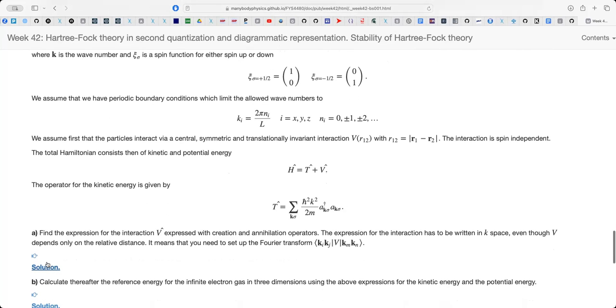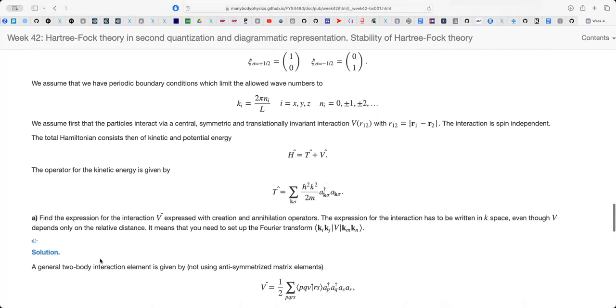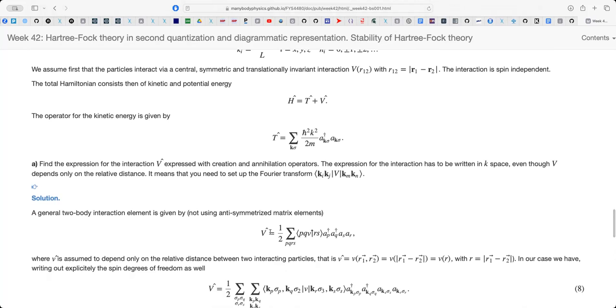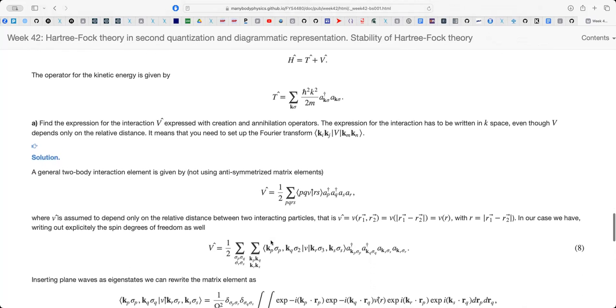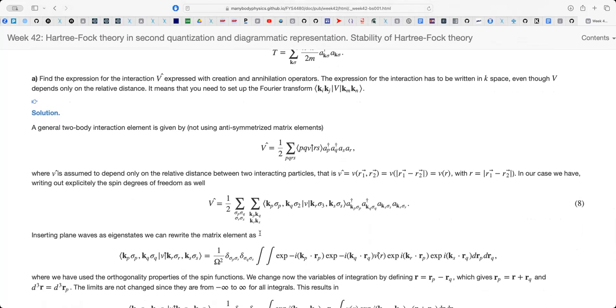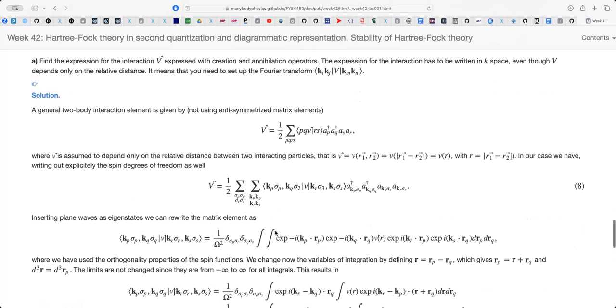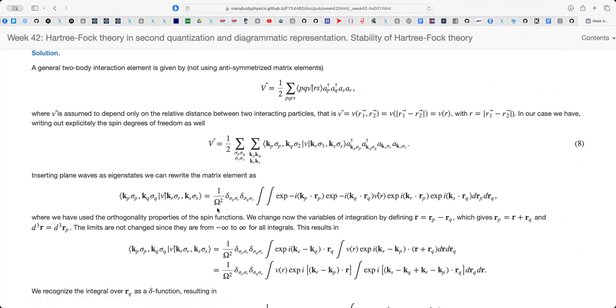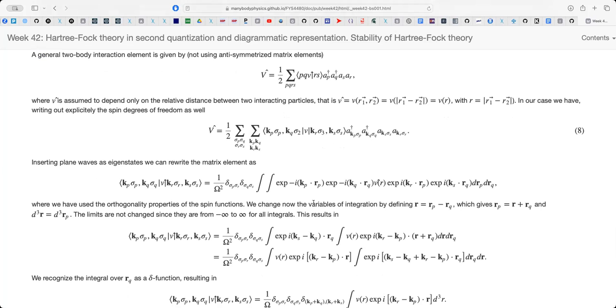If you take a look at the first part here, for the two-body interaction, we now need to spell this out in terms of spin degrees of freedom as well. So the typical integrals which we end up with when we have plane waves, as we have put in here, are integrals where we need to evaluate something which looks like this.